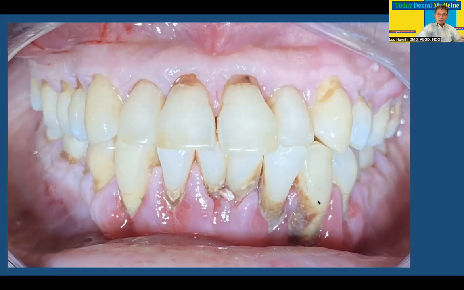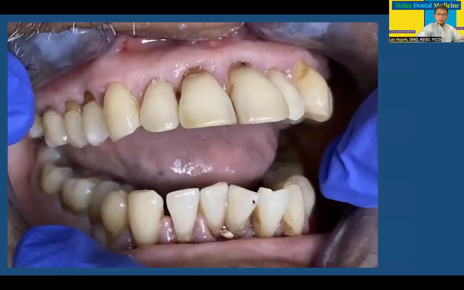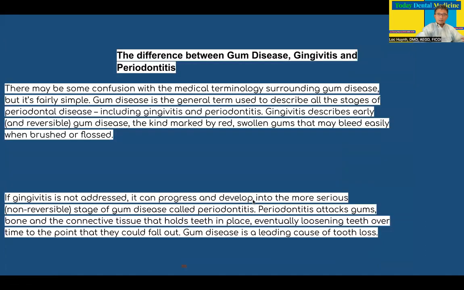If you measure the pocket of this tooth right here, it is very deep, about 9 to 10 millimeters, and the tooth is really loose. This is another angle: the abrasion on the top, and a lot of plaque accumulation on the bottom teeth. Here's just a different angle.